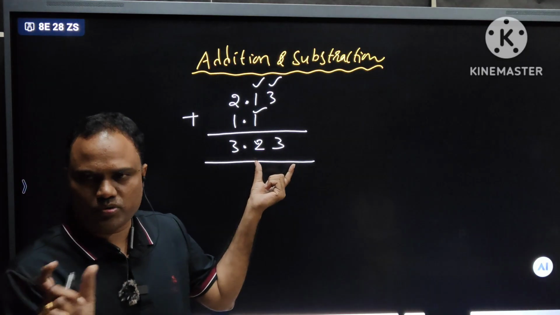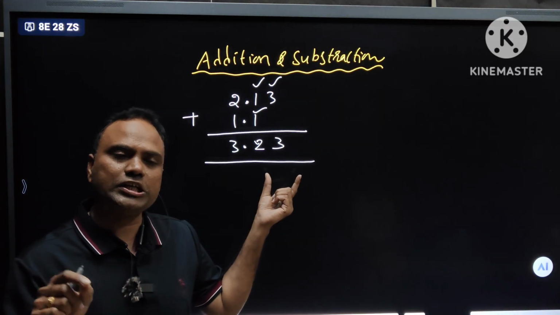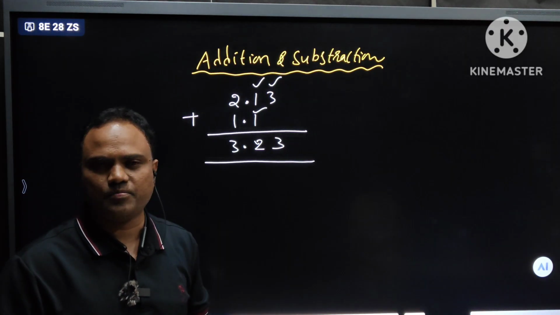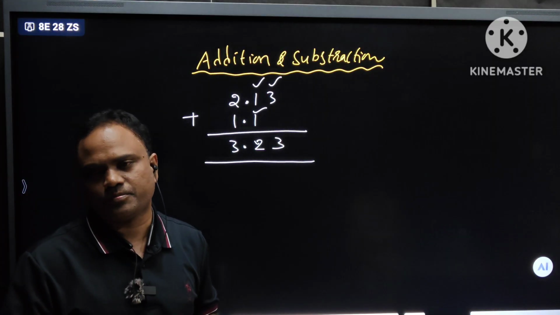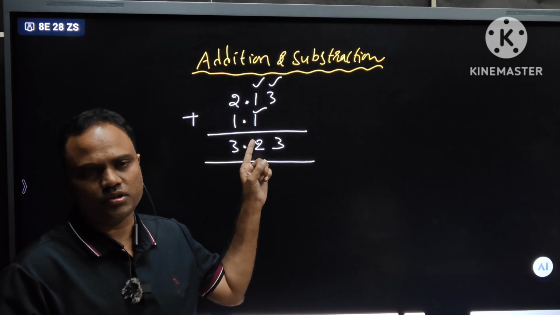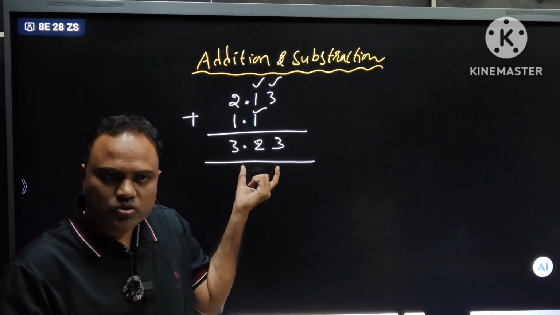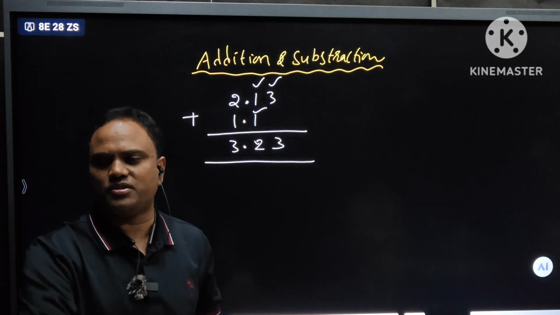Once again, the final value should be reported so that it should contain similar decimal places as that of the number with the minimum decimal places. Which is having minimum decimal places? Second one only. 1. So this value should also contain 1 decimal place only.